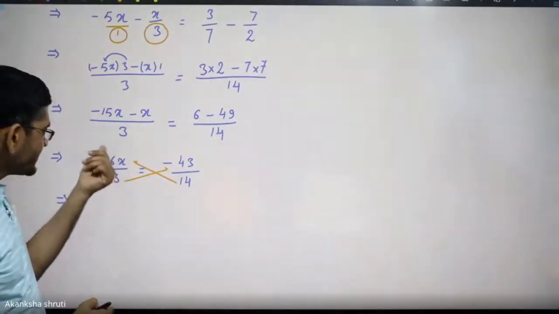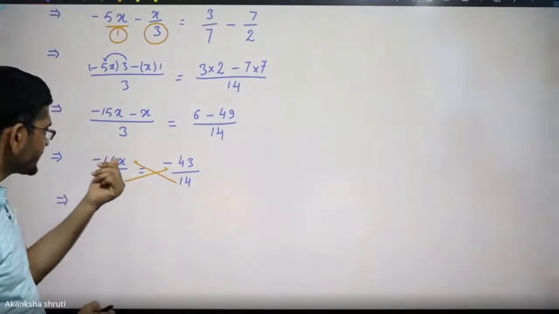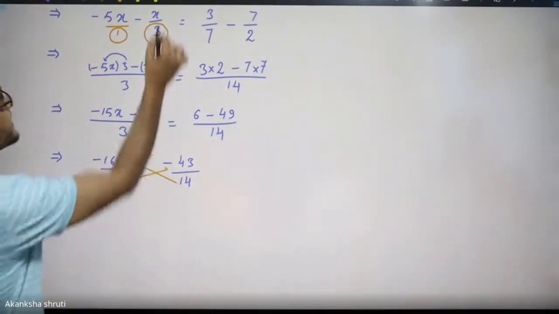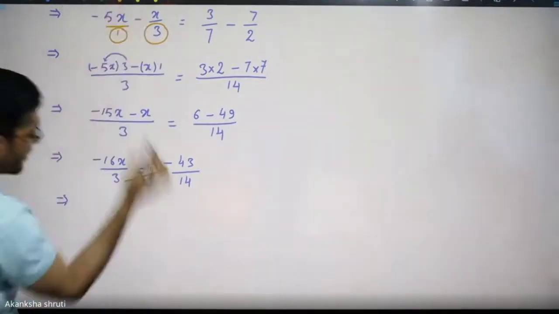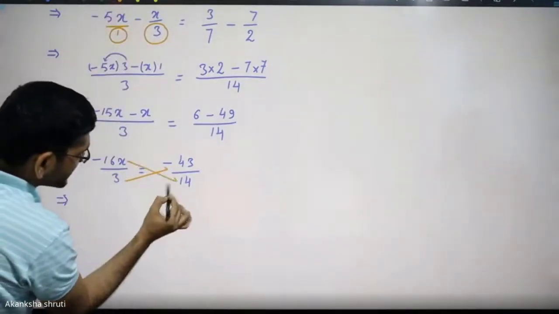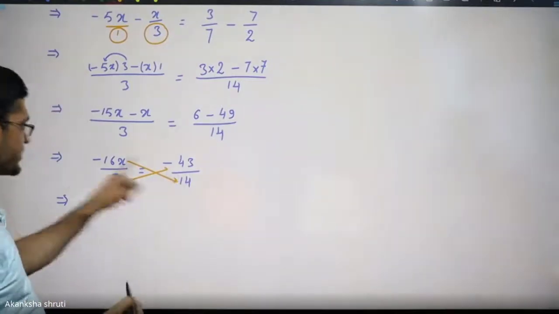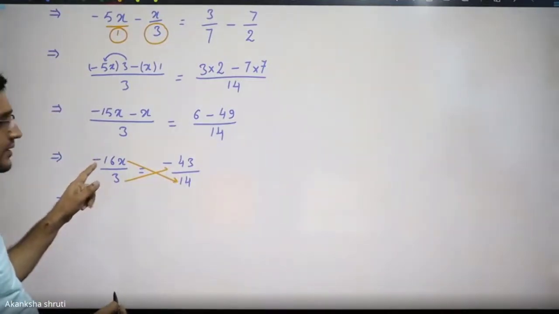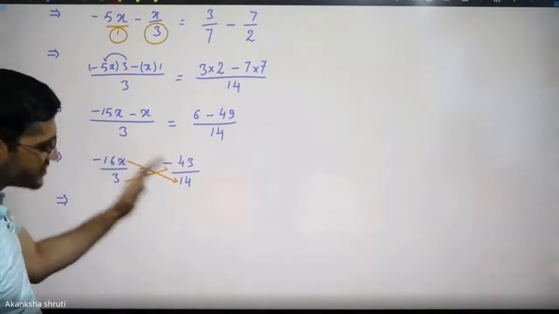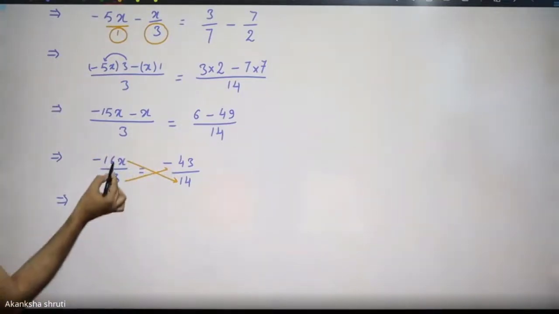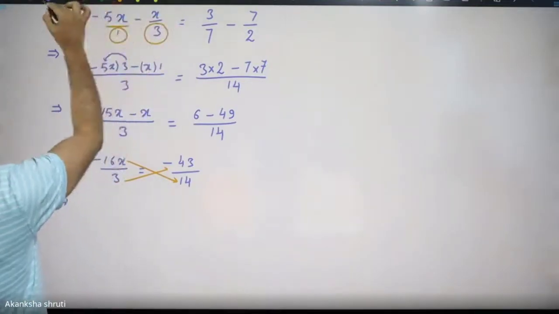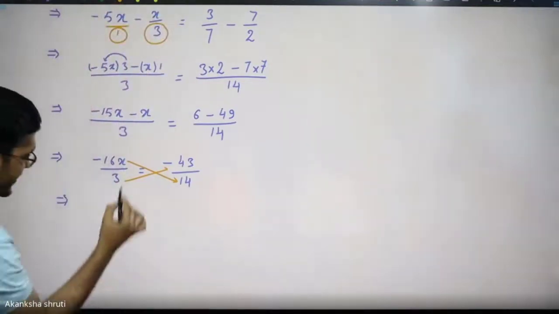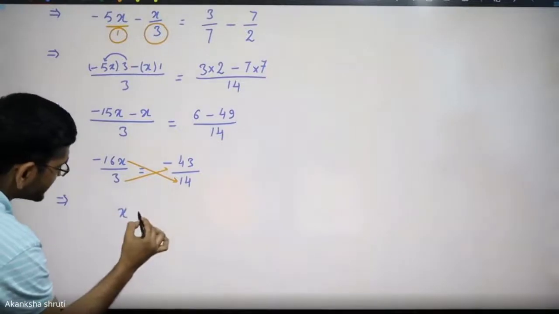So whatever is the coefficient of x, that is minus 16, a better idea is to send this to the denominator of the other side. Do not bring this 14 in multiple of this. Otherwise, in the next step, we need to change it in the denominator. So better is whatever the coefficient of this x, you need to send it to the right hand side. So write this x as it is.